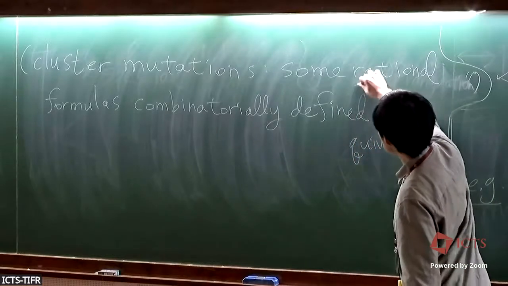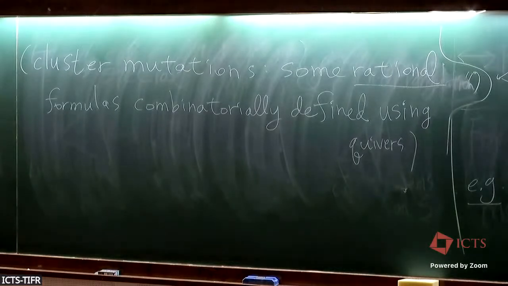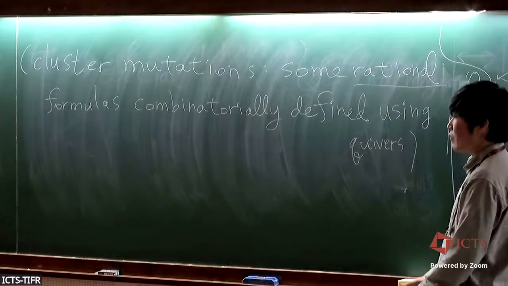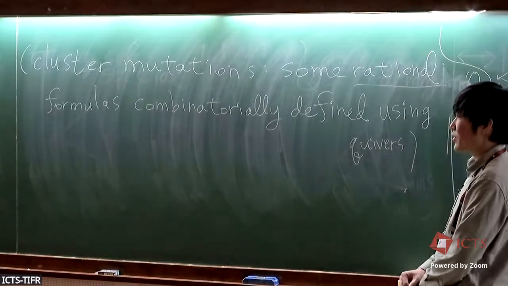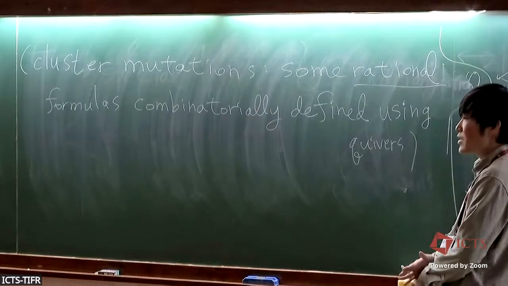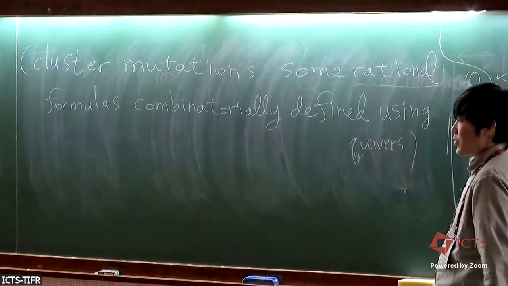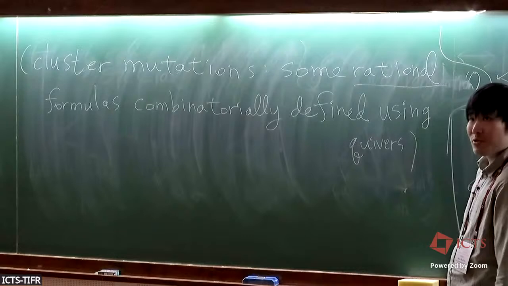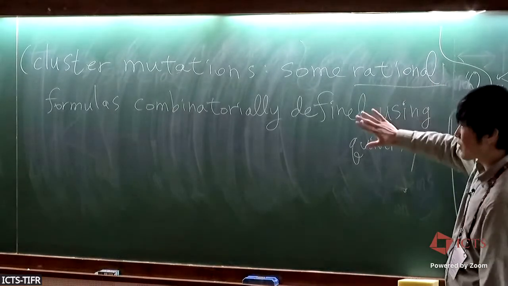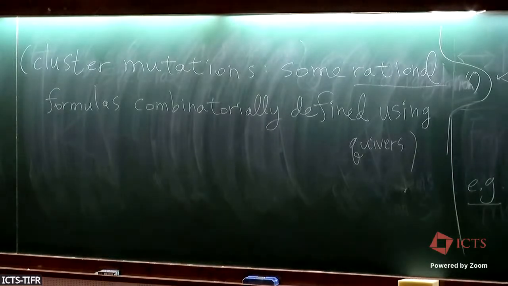So here the rational is a good property because that's why it came into the realm of algebraic geometry. For example, if you think of Fenchel-Nielsen coordinate for Teichmüller space, the coordinate change formula is not rational. It involves a lot of hypercosine, hypersine, and square roots, and so on. So they're not algebraic. So you can't do algebraic geometry there, but here they are rational formulas. So that's one good property.